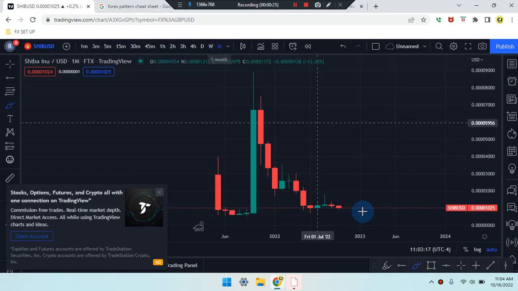We are on the monthly time frame. Price action on the monthly time frame is identifying a bearish red doji. So there's a lot of dojis in that market.